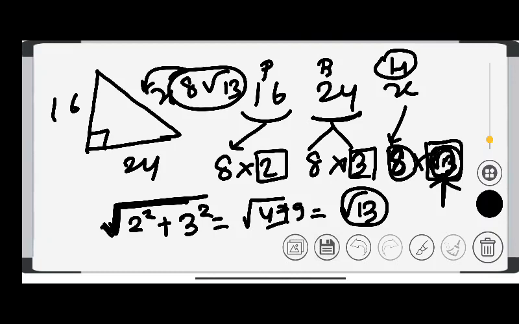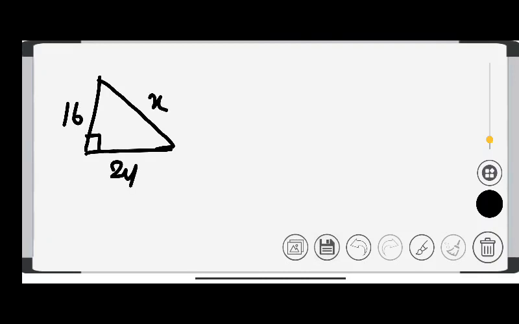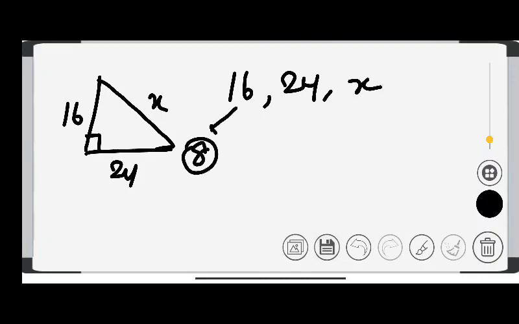So overall, what have I found? In the given sum 16, 24 and x, I found that 8 is common in every term.